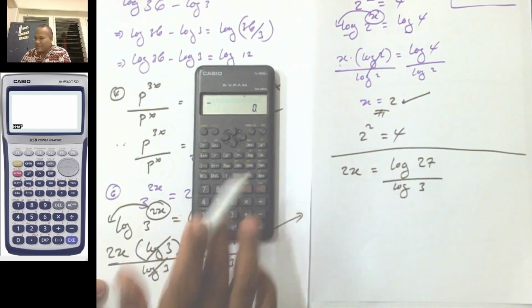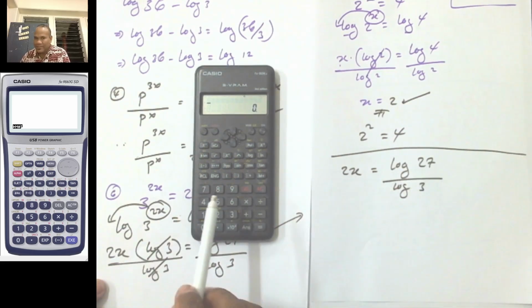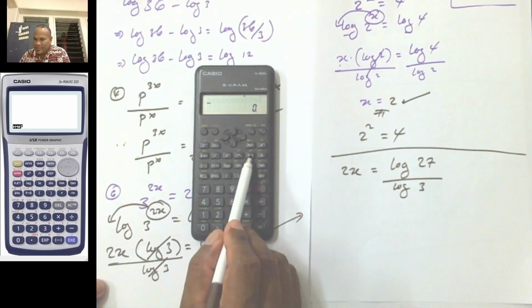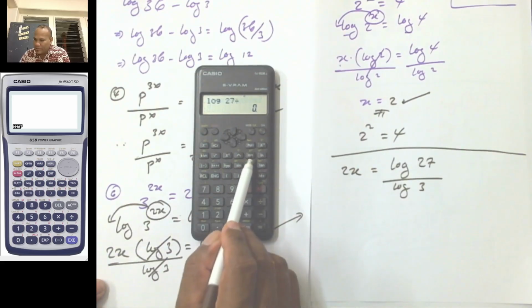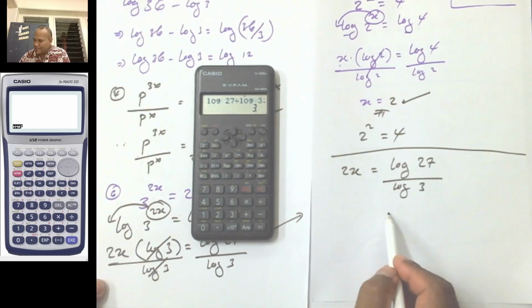Okay, let's get back here. What is log 27 divided by log 3? So log 27, press down the log key, log 27 divided by log 3 equals, our answer is 3.